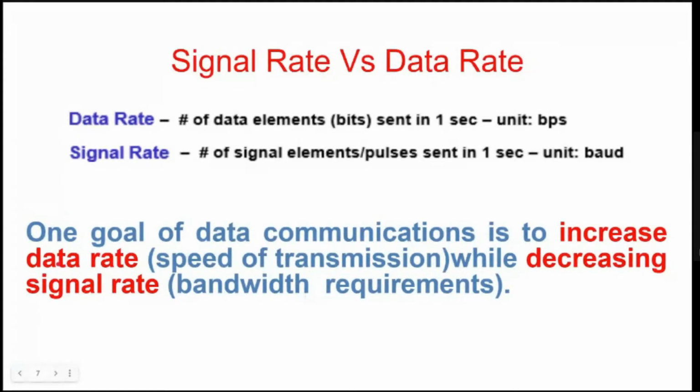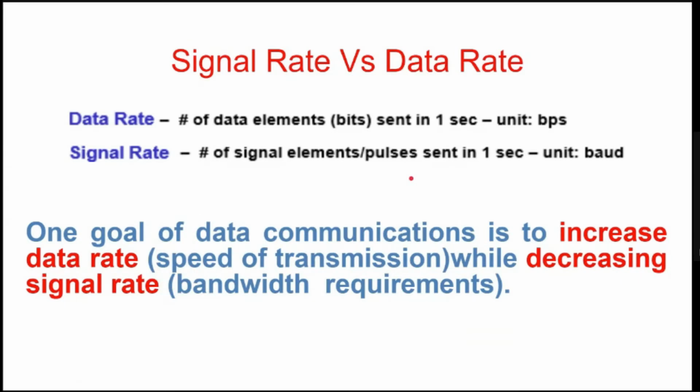If the signal rate is low, you can easily transmit the data. For example, here you can transmit 4 data elements per single signal, meaning you can transmit more data elements in the signal. So the bandwidth requirement is like that, decreasing the signal rate. This is the goal of data communication, right?